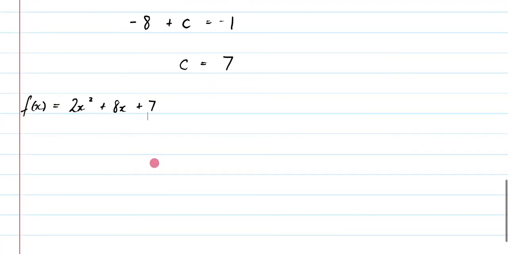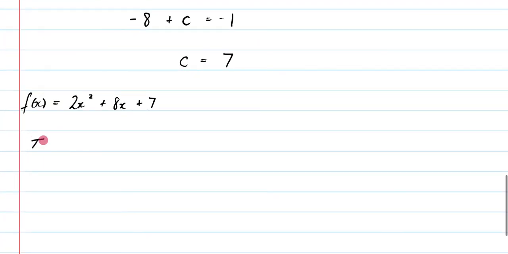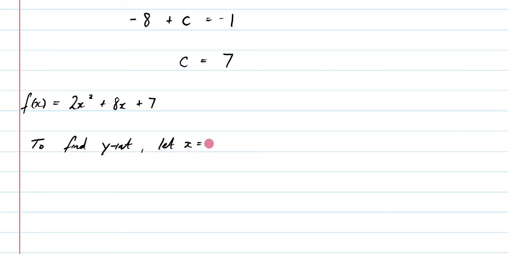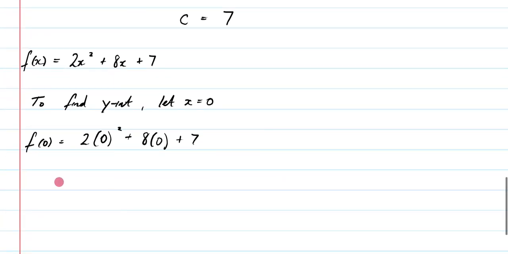If I now want to find my y-intercept, to find y-int, let x equal 0. So I'm going to find f of 0. 2 times 0 squared plus 8 times 0 plus 7. Hopefully you can see where this is going. It's just going to be 7.